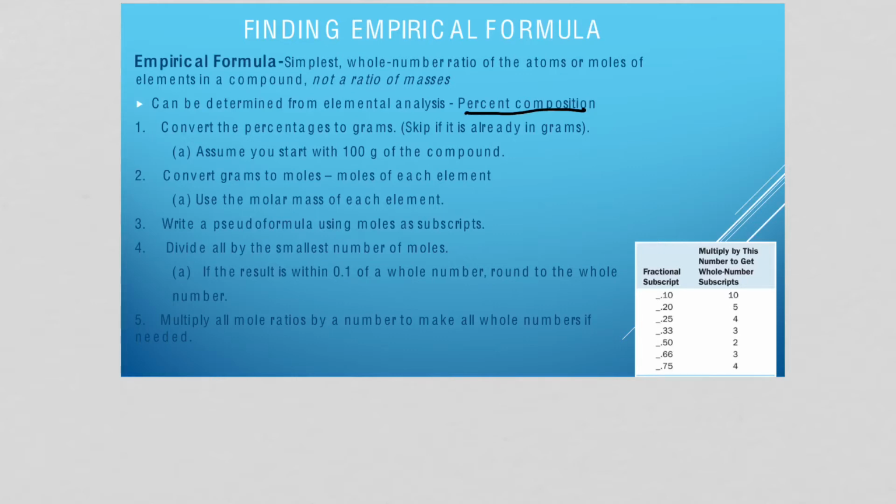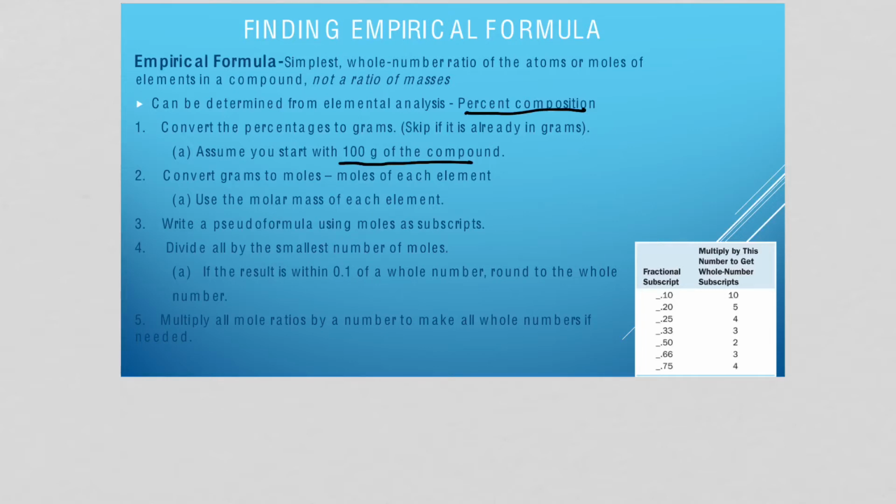Most of these problems are not going to give you a particular sample size, so you can pick whatever sample size you want to. The easiest thing to do is to use a 100 gram sample size, because that means your percentages directly convert into grams. So if something is 50% of some element, if we have 100 grams, that means it's 50 grams.